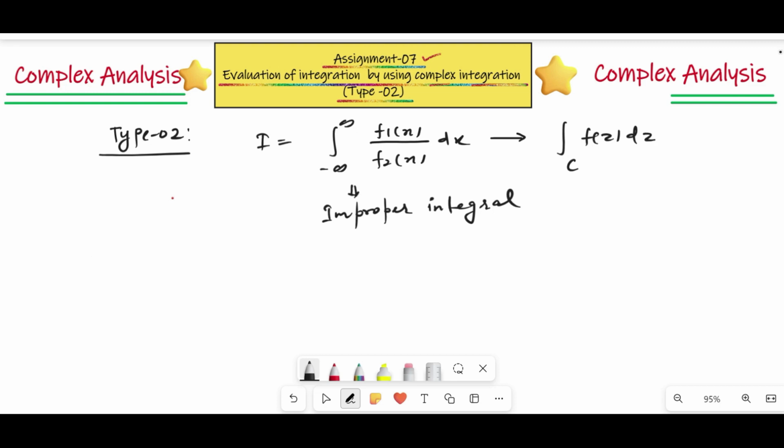So what are the properties of the integral?